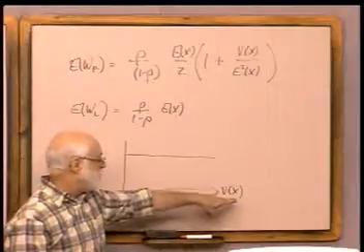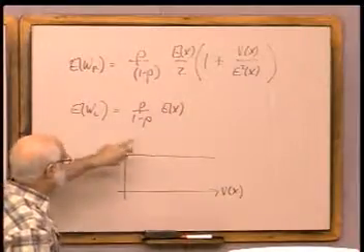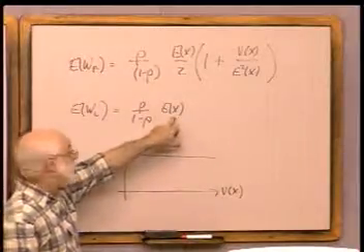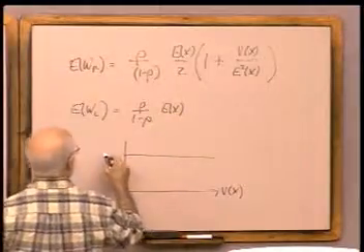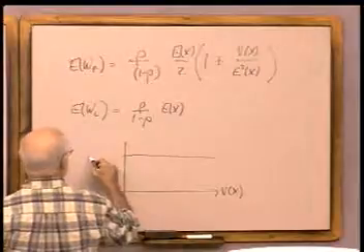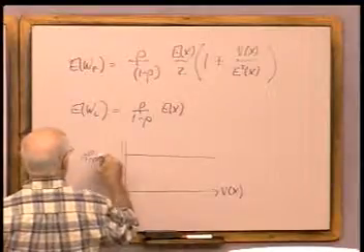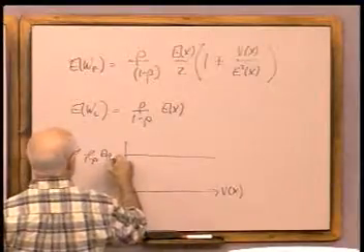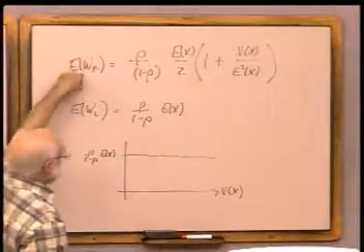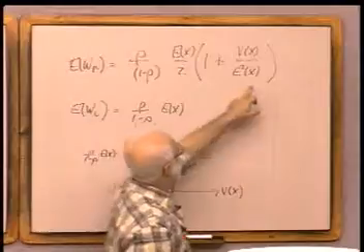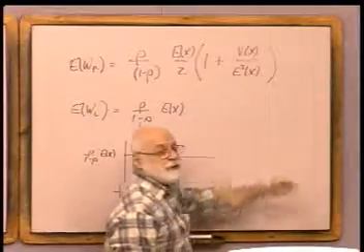It doesn't make any difference. The average waiting time depends only on the average service time and on the utilization of the server. So here is the value rho over 1 minus rho times the average service time. Okay, now what about this one? Well, this one depends on the variance. Suppose the variance is 0.